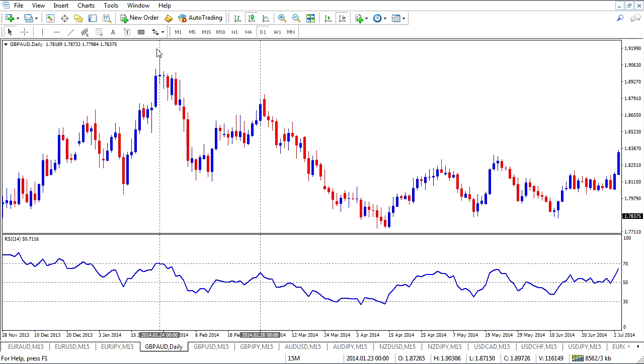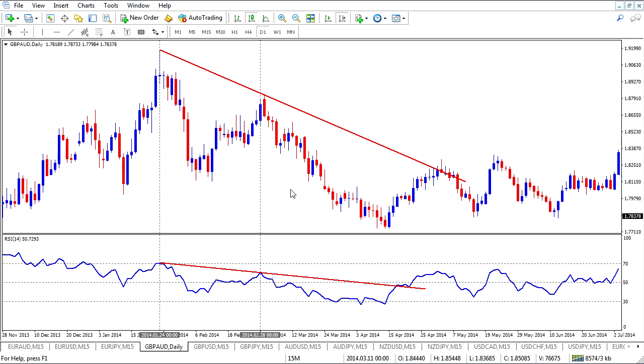So this swing high on the price is connected to this swing high on the price, and we can draw our trend line. So those are the swing highs we're going to take a look at on the RSI. We're not interested in any other little peak or valley that happens in between. So I'm going to connect this to this here, and then we'll draw a line out.